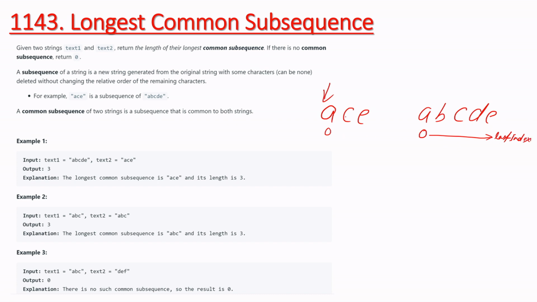So A should be in the string from index 0 to the last index. Similarly, if we talk about C, the index of C is 1. So C should be between index 1 and the last index.